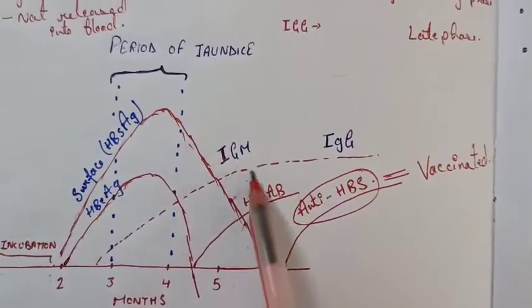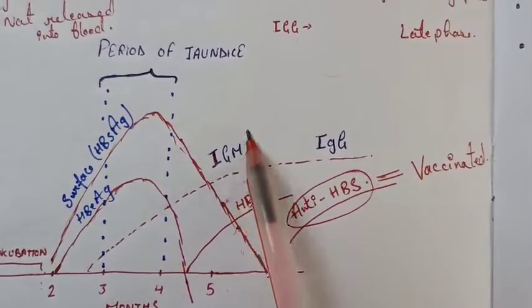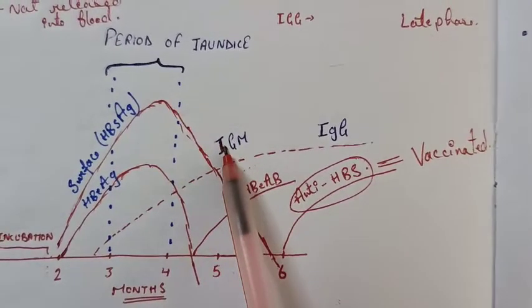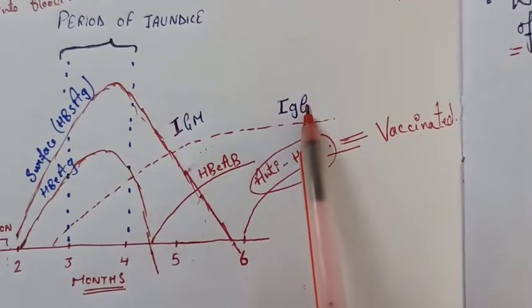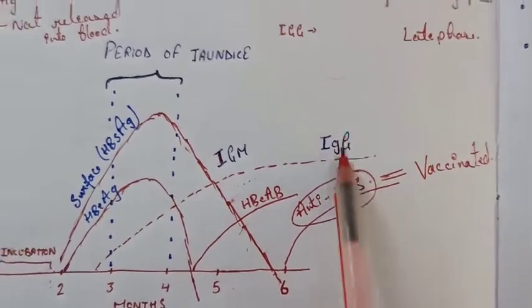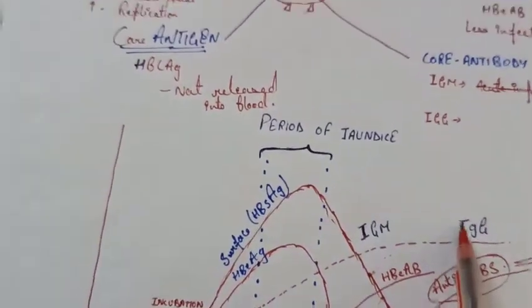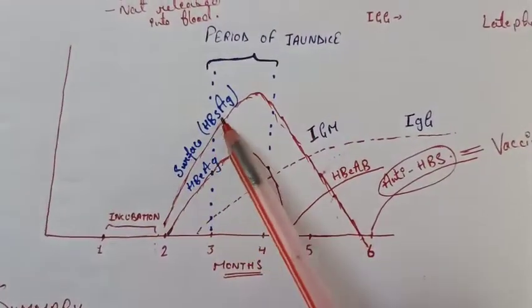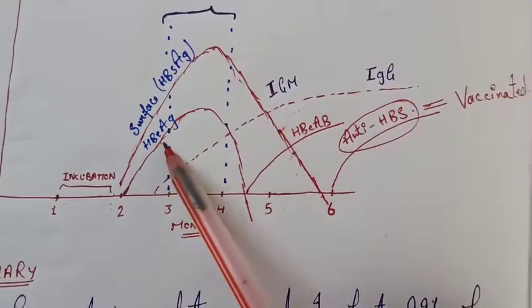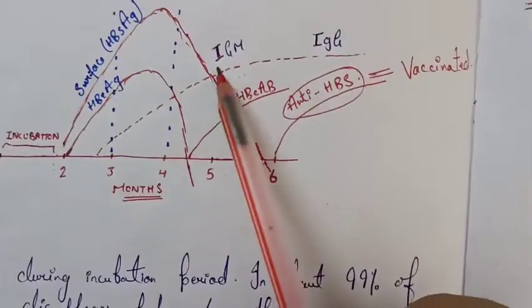In the starting phase it will be IgM, regarded as the marker of acute infection, and later, after 6 months, they convert into IgG, and IgG is the marker of chronicity. So till now we have understood three things: the surface antigen HBsAg, HBeAg, the E antigen, and we have also talked about the core antibodies.